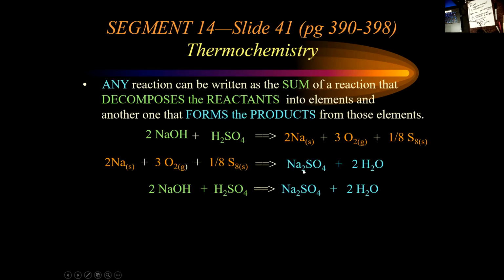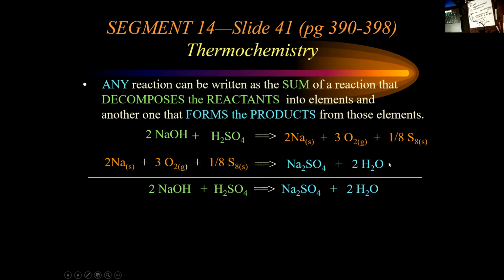And yes, in my products, I need 2 sodiums. Well, I had 2 sodium atoms. I have enough to make 2 of that. I need 1/8 of S8 to make 1 sulfur. I'm going to use 4 of the oxygens here and the other 2 here. And then the hydrogens that I need from the sulfuric acid, I need 2 waters.